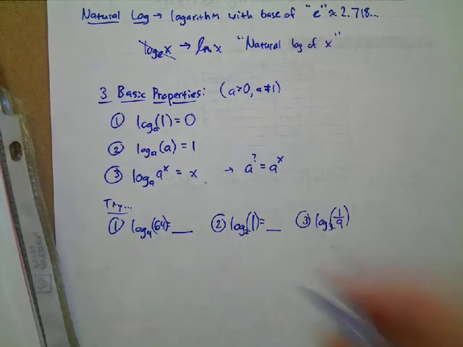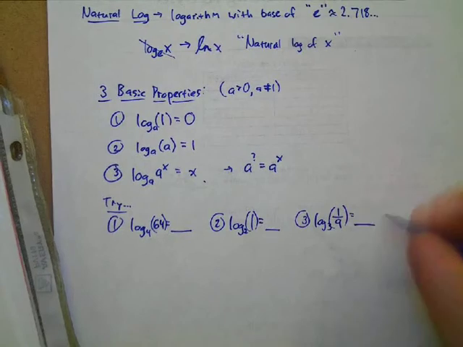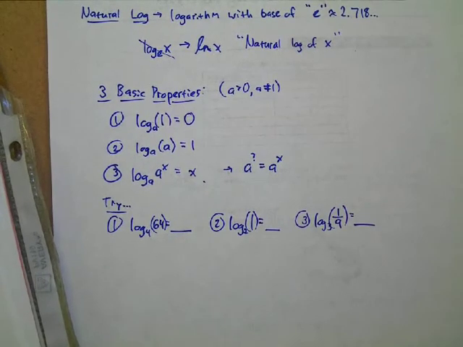What does that equal? And for all of these, you can use rewriting it as a to what power gives us the number, kind of thing. The base to what power gives us the number. All right, so go ahead, take like a minute and answer those questions. I'll come around and check on things here.